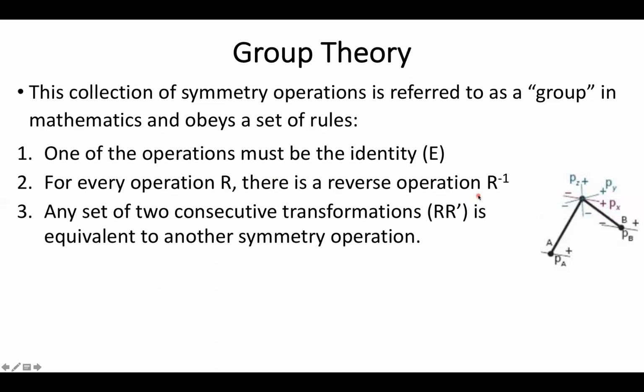So if I've got any two consecutive operations, R and R prime, they're always going to be equivalent to some other operation. So if I do a rotation followed by a mirror image on the py orbital, that gets me back to, say, the identity.